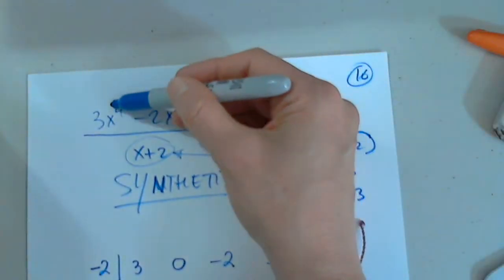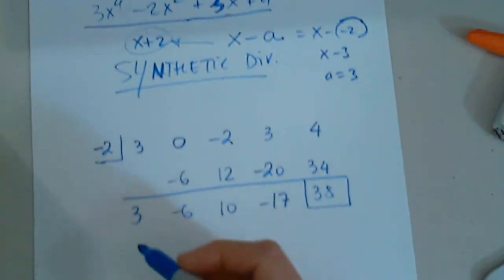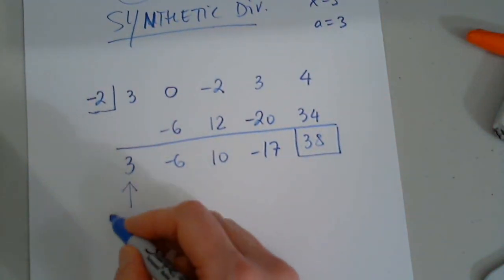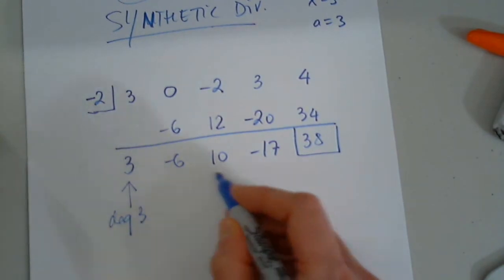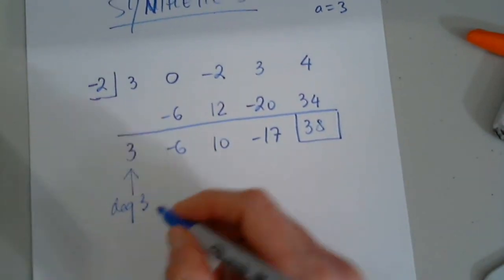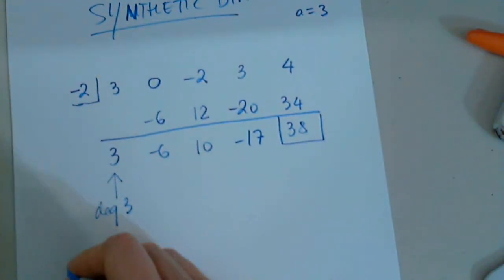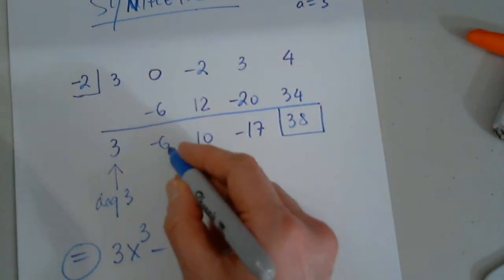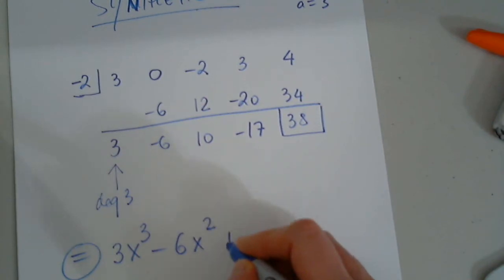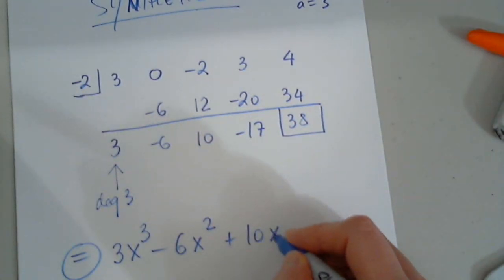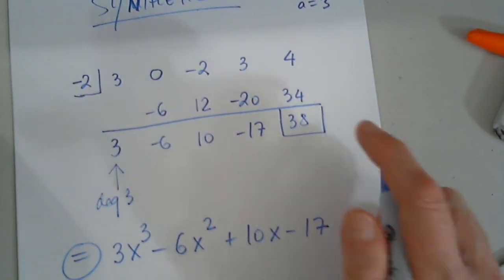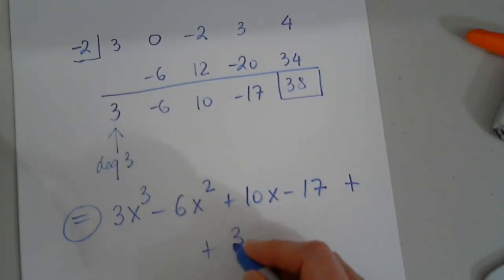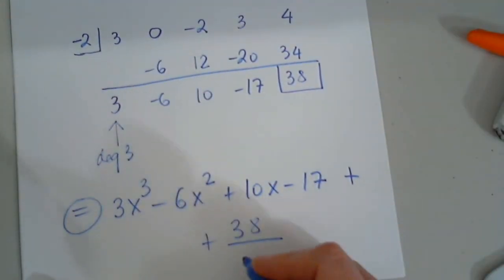Since we divided degree 4 by degree 1, this is corresponding to degree 3, and so on and so forth. So the answer would be 3x to the third minus 6x squared plus 10x minus 17 plus the remainder of 38 over x plus 2.